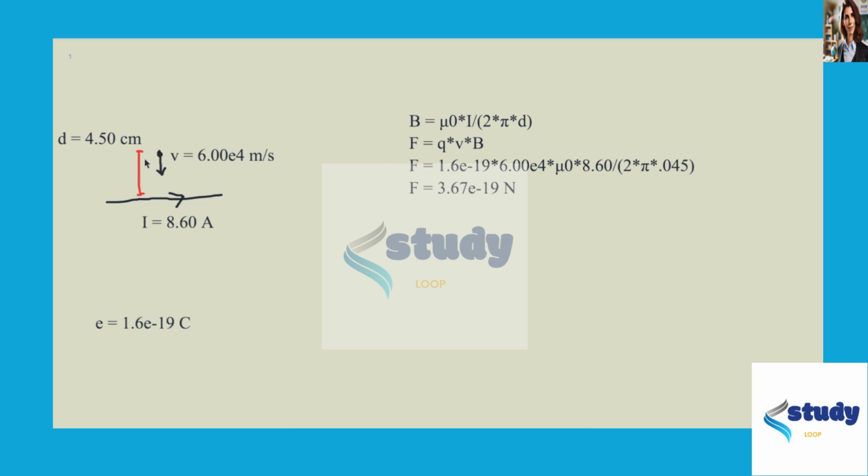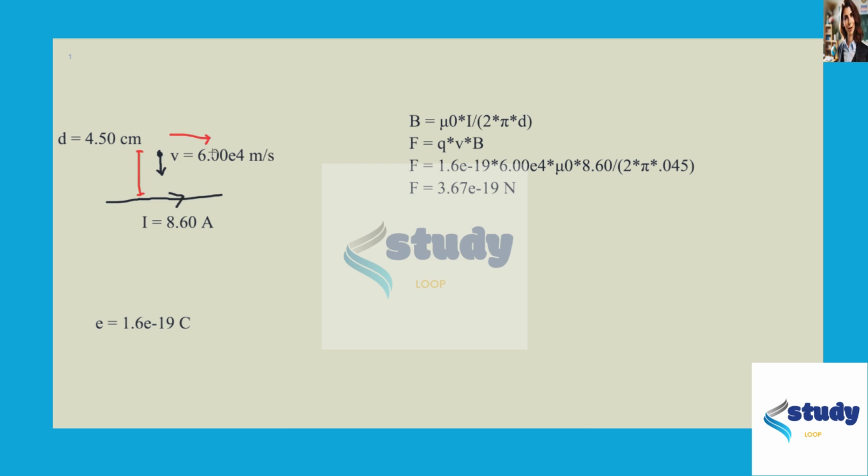So when we use the right-hand rule, what that gives us is a result that points to the left. But remember that the electron has a negative charge, which is going to flip the direction. So when we take the negative of that, that means that the direction of the force is actually going to be pointing to the right. And that means it's the same direction as the current.